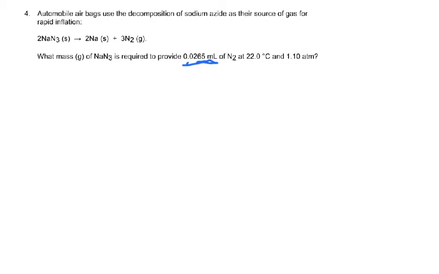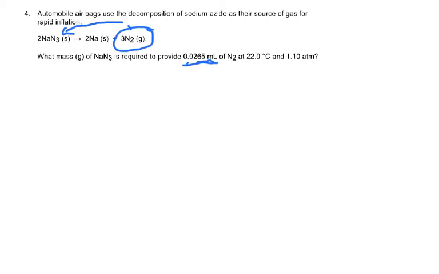We're given information about the nitrogen gas, so we want to find moles of nitrogen gas, and we can use that in this equation to find moles of sodium azide, and then we can use the molar mass of sodium azide to find the grams.